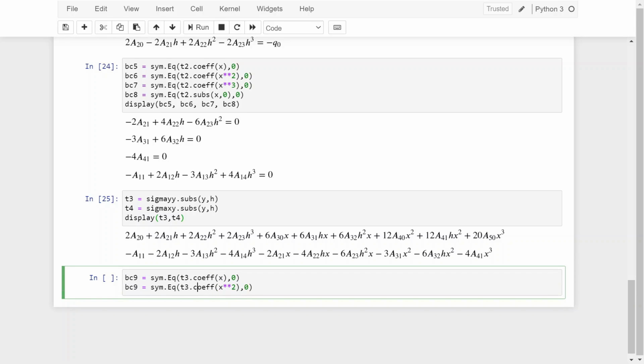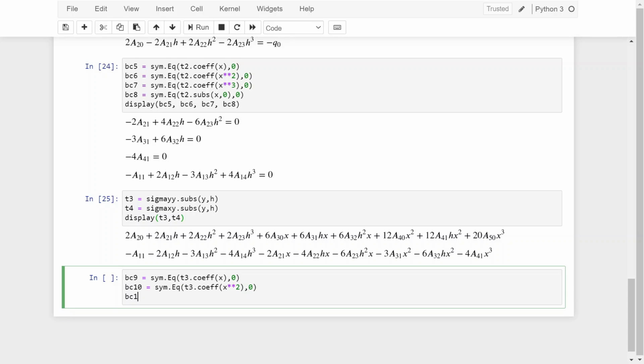Similarly for the coefficients of x square, BC10, BC11, coefficient of x cube.